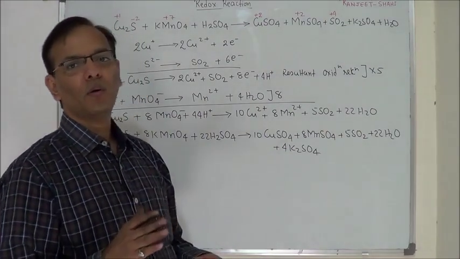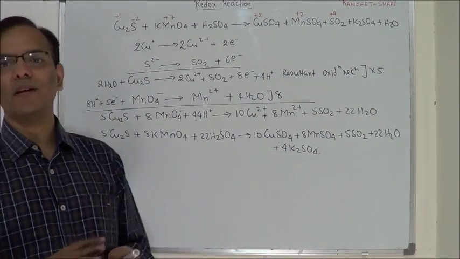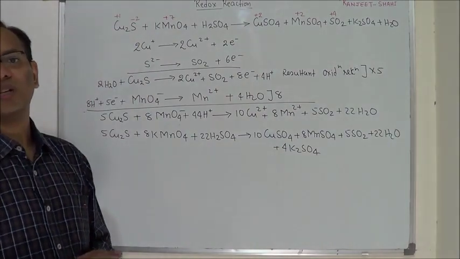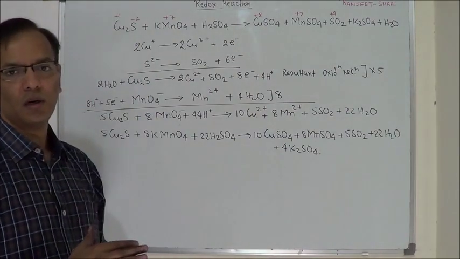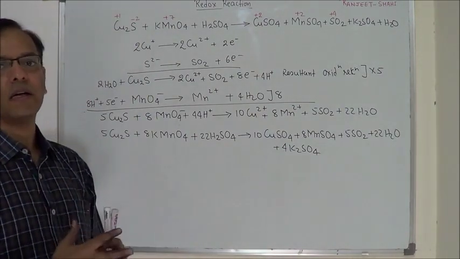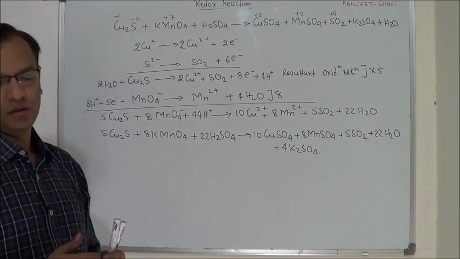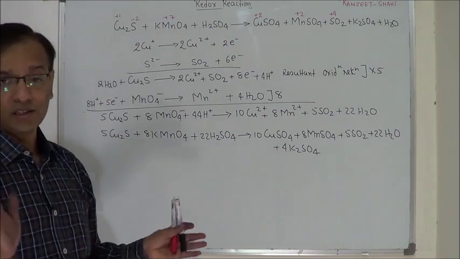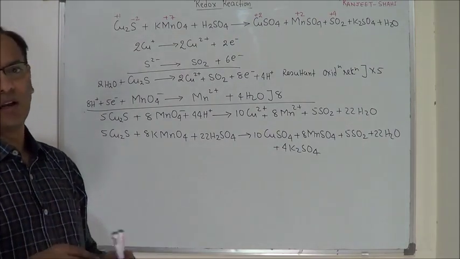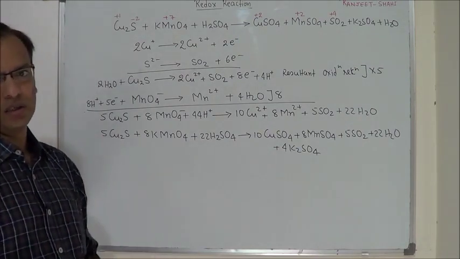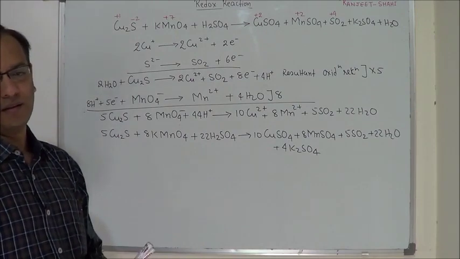Now I am going to tell you a shortcut method which can be used, but with due caution, for fast balancing of a redox reaction. And there will be no exception to that, my method can be applied to any redox reaction for the purpose of balancing.